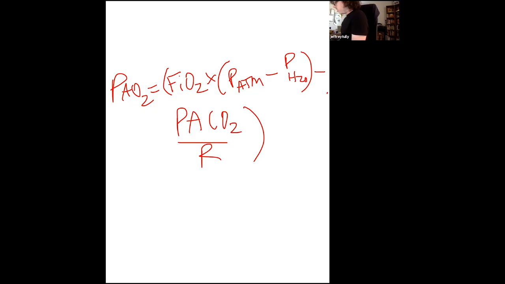So R stands for respiratory quotient, which is not important, but is a metabolic term that is involved in the relationship with how we generate CO2.